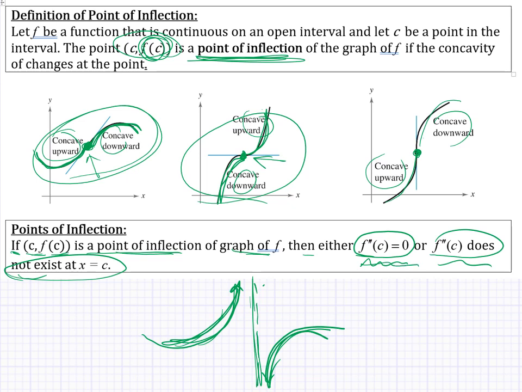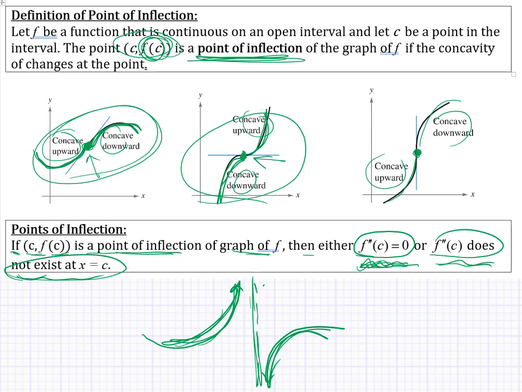And in a way, you can say that if we found something that we could call maybe the critical numbers for the second derivative, then those would be the only places where we could possibly have a point of inflection. But not every critical number from the second derivative is a point of inflection. Now, when I say critical number, that's not really a used term as it relates to the second derivative.